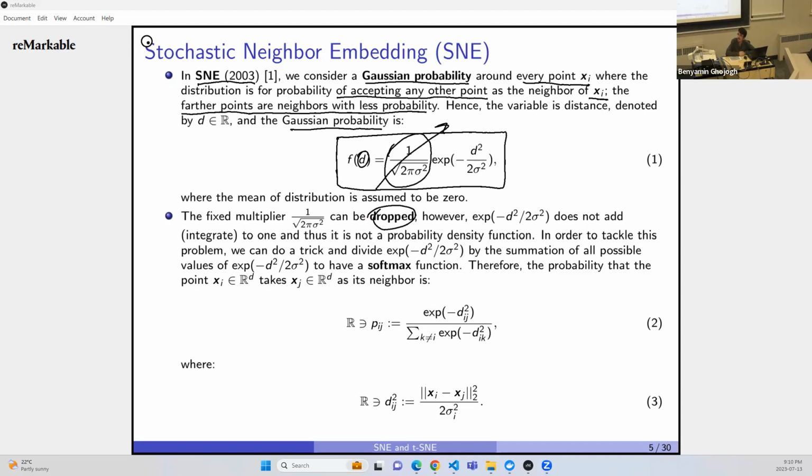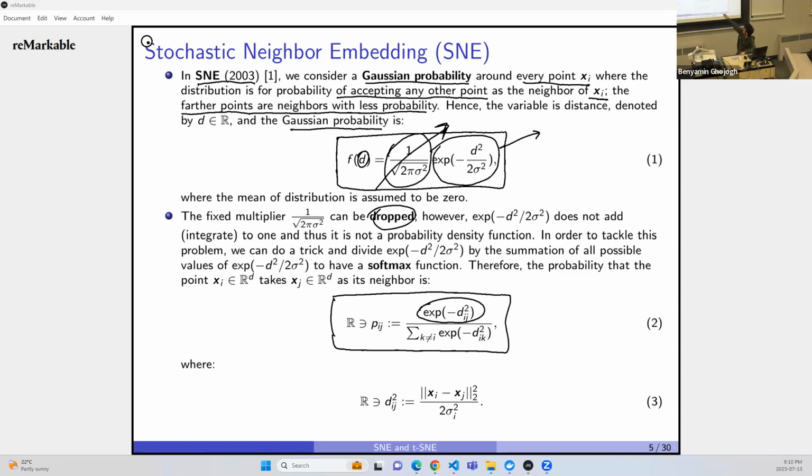However, if we drop that, this doesn't sum to 1, or doesn't integrate to 1, so it won't behave like a probability. If we drop the constant multiplier, the normalization factor, it doesn't sum to 1. So we use a technique that we have seen a lot in machine learning. It's called softmax. This is the Gaussian distribution without the normalization factor.